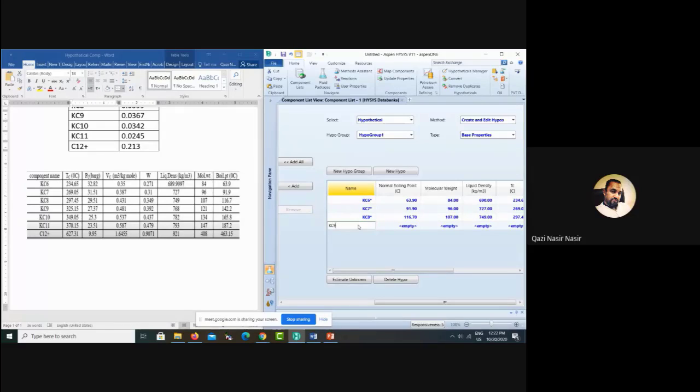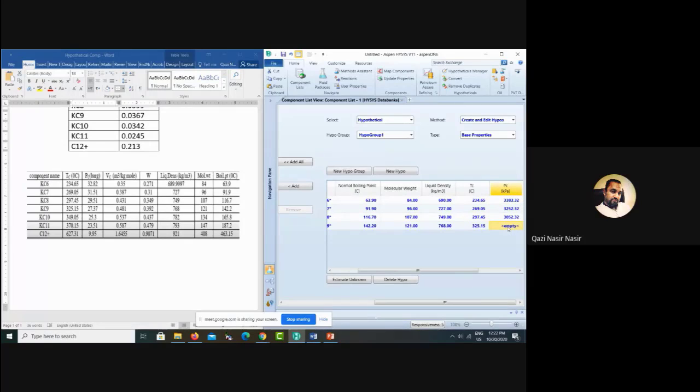Then KC9. The boiling point for KC9 is 142.2. Molecular weight is 121. Liquid density is 768. Critical temperature is 325.15.